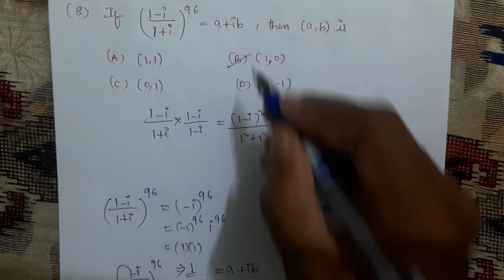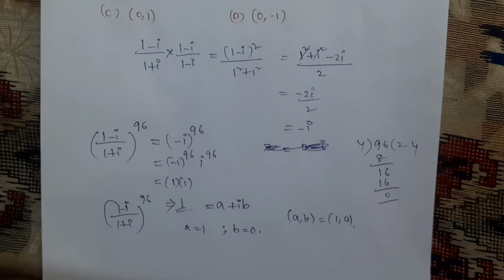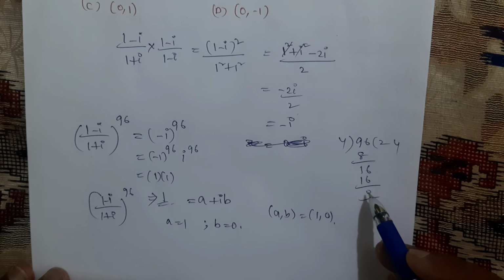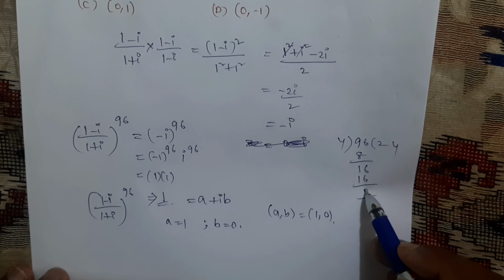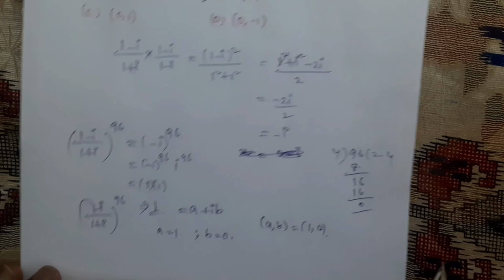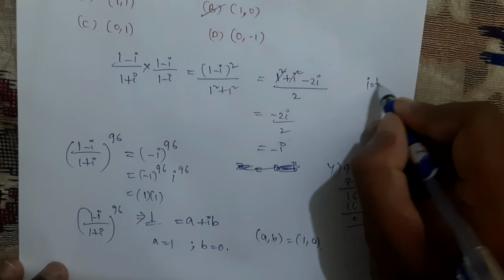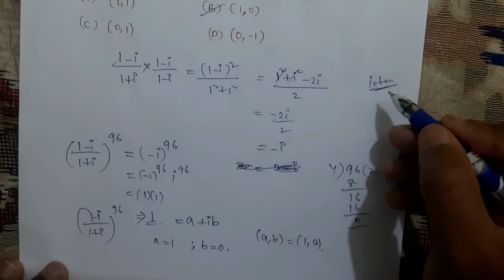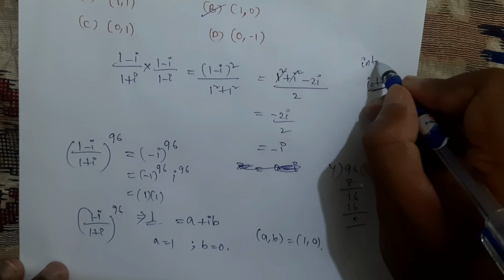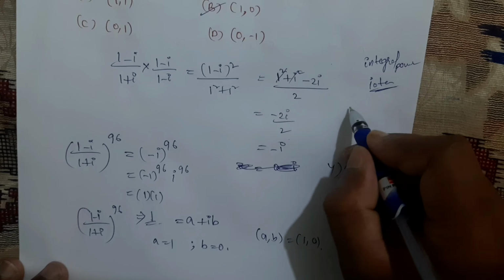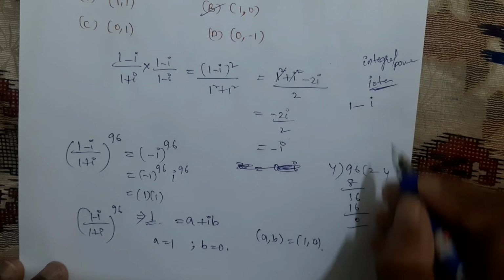Okay, here option B. Students, do you remember, after dividing by 4, if the remainder is 0, what we need to consider, and if 1, what we need to consider? So I will tell. See, when we are finding iota values, nothing but integral powers of iota, when we get remainder 1, that means the value is i.